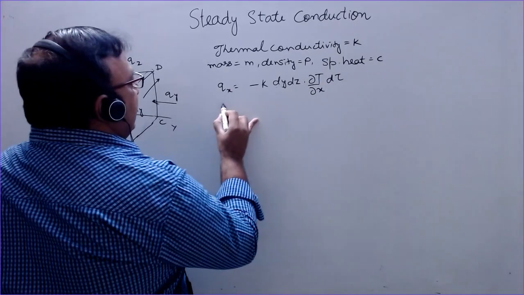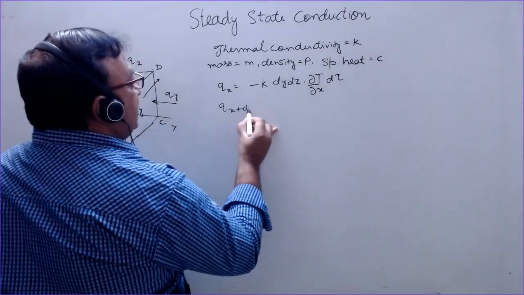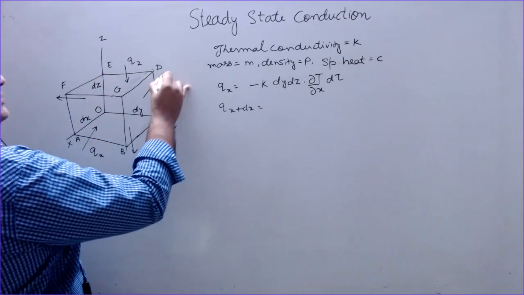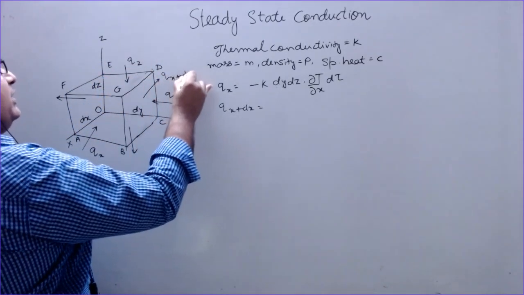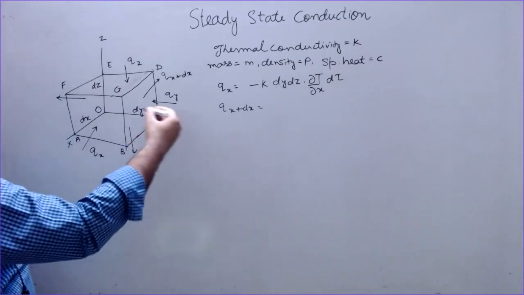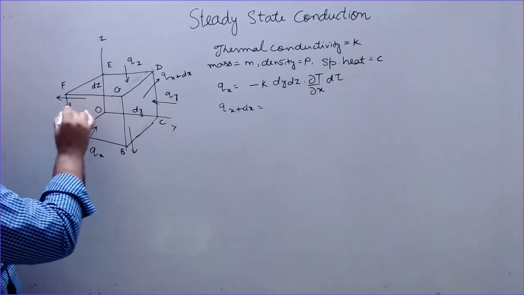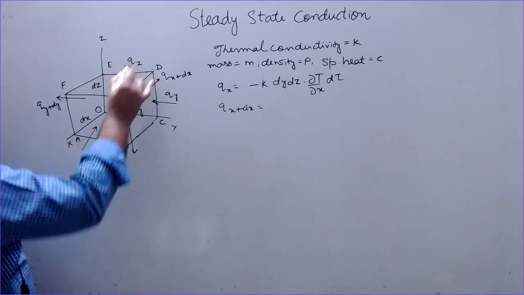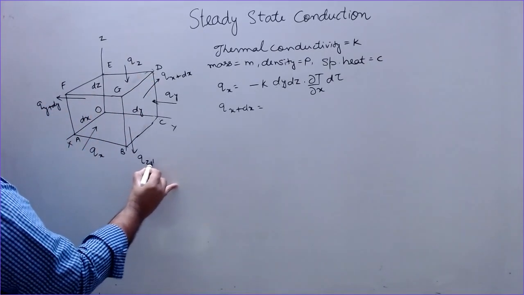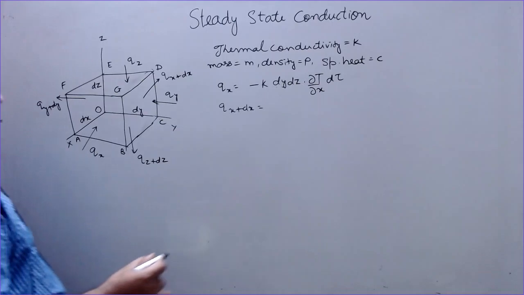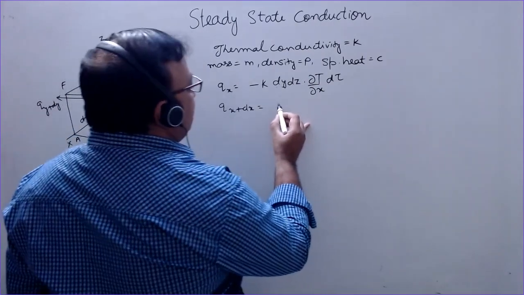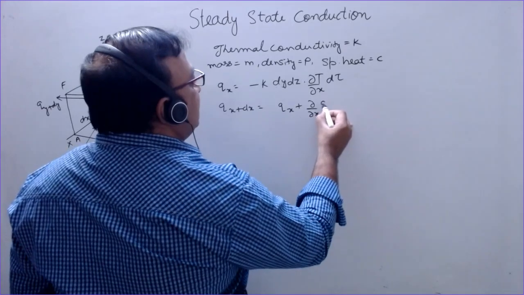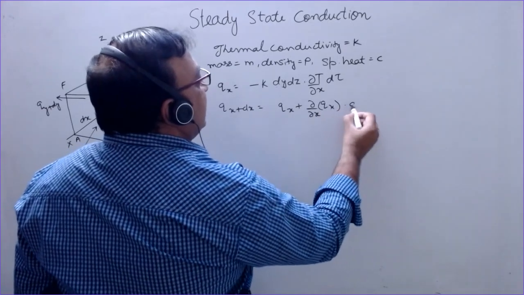Now what is the heat that is leaving? Qx plus dx, heat leaving through the other face. So this is Qx plus dx, and similarly this is Qy. So the heat leaving is Qy plus dy, Qz and Qz plus dz. So this I can write by using Taylor's approximation, Qx plus del over del x of Qx into dx.